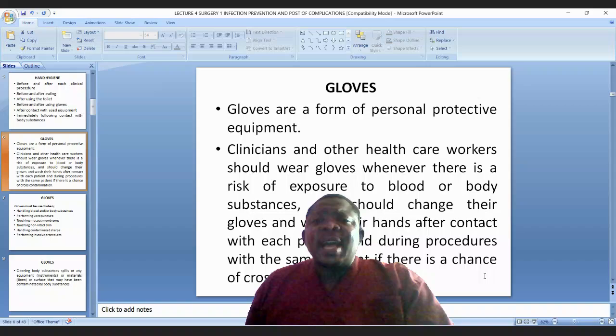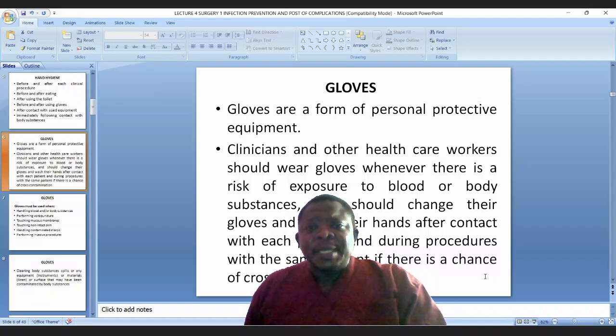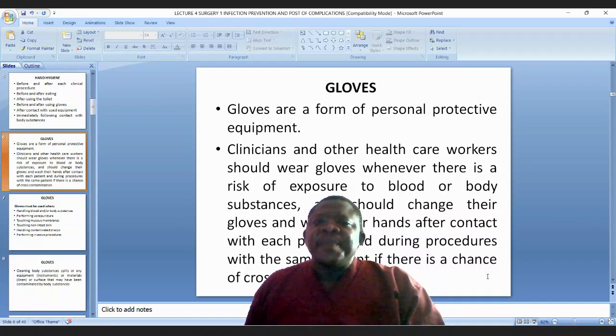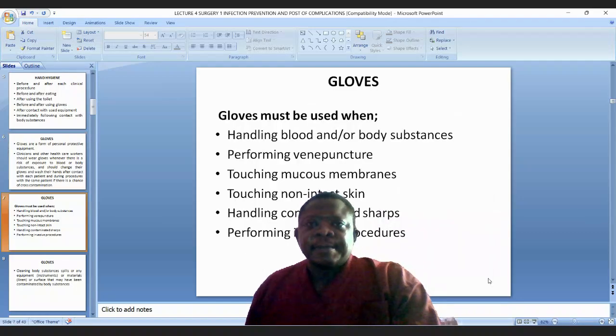Gloves are a form of personal protective equipment, and clinicians and other healthcare workers should wear gloves whenever there is risk of exposure to blood or body substances, and should change their gloves and wash their hands after contact with each patient and during a procedure with the same patient if there is chance of cross infection.